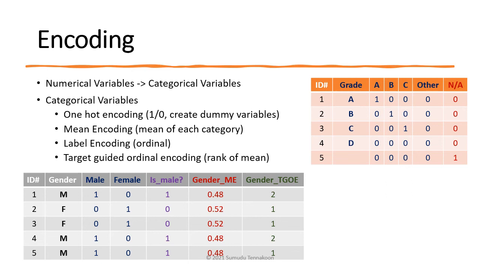So let's assume this gender column is binary, so you will have male and female only as the options. I will try to draw it here. You can have male, female, male, female, male.